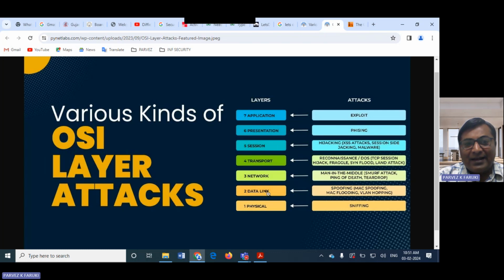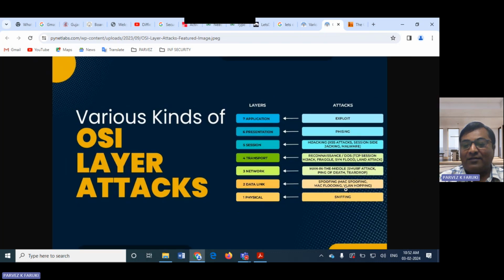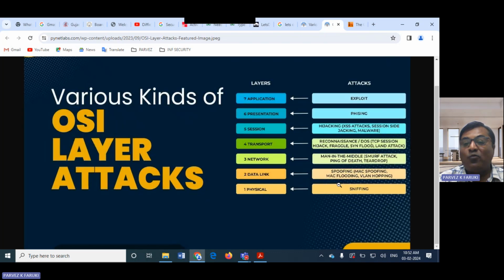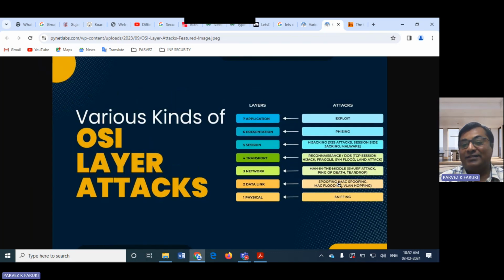Then at the data link layer, you have your network card attached. The content comes out of the machine through the NIC, network interface card. It goes into the machine through the NIC. So at the data link layer, you always have an opportunity to look at attacks like spoofing. You try to be someone who you aren't.